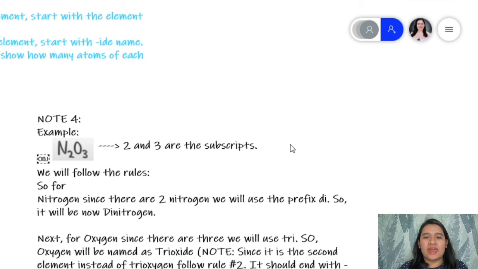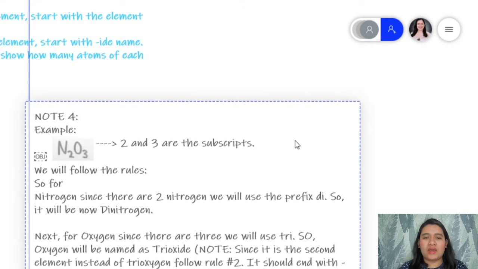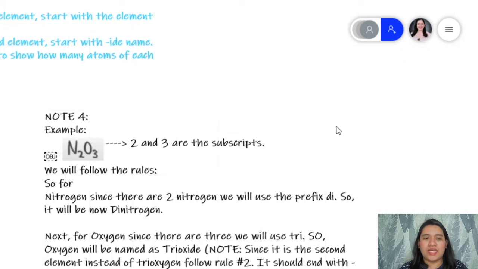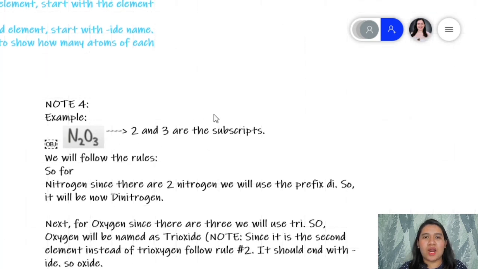Next, example. We are now with covalent bonds. We have N2O3. The numbers below are known as the subscripts. So we will follow the rules.